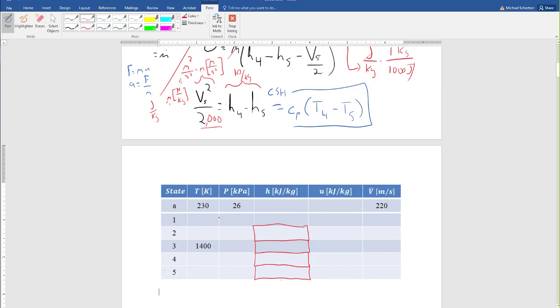And if I was doing just a constant specific heat analysis, I wouldn't care about the H's. I would just need the temperatures. So I would need these temperatures.